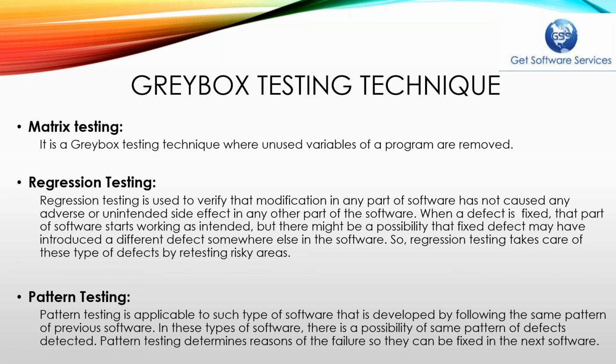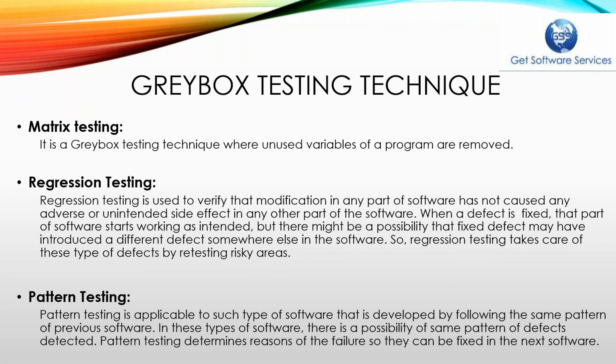And then you have pattern testing. In pattern testing, this is usually applied when you have similar software being developed. You have developed similar software previously, and based on the defect pattern that you found, in the next software you try to find the same types of defects. The possibility of finding the same defects in a similar application will be high.